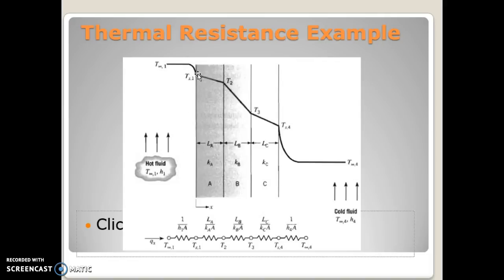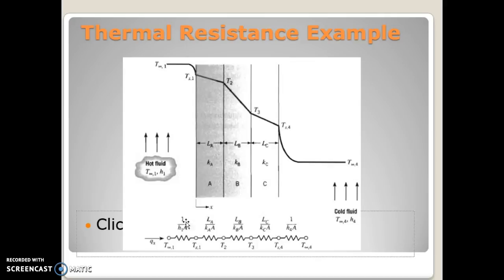So all these temperatures are represented here on the nodes, and you have the inverse of the convective heat transfer coefficient multiplied by the area as the resistance for the convective heat transfer in the air layer here, and these are the resistances offered due to conduction through these walls, and again the resistance offered by the air layer or air boundary layer near the inner wall surface.